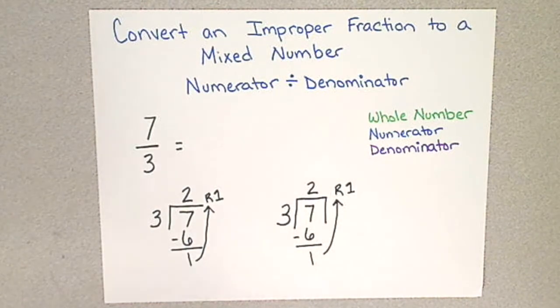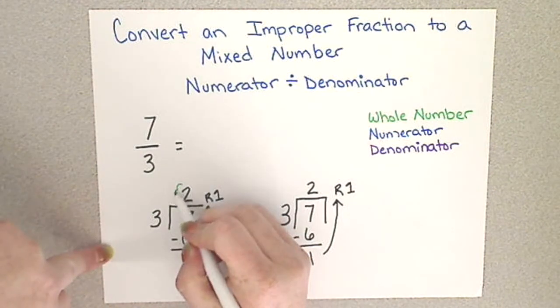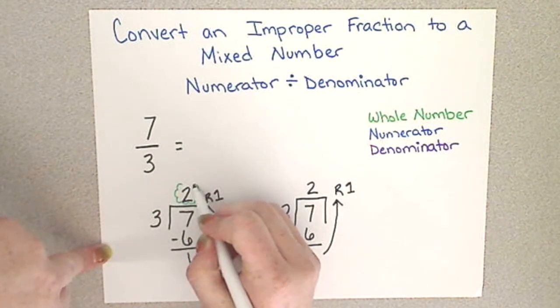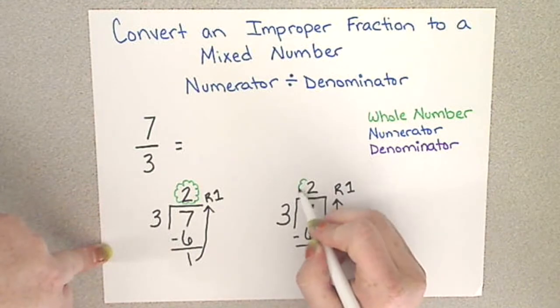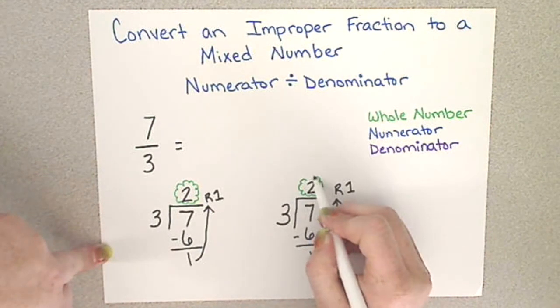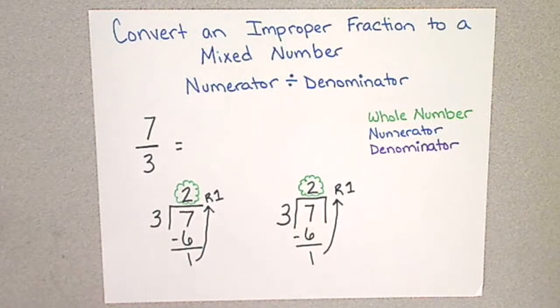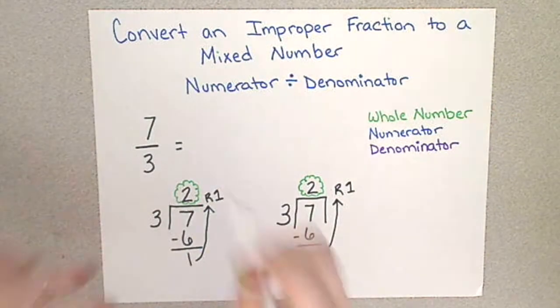Okay. So let's start with that whole number. Where do I find it in the work that I've done? Our whole number is the quotient that is not the remainder. Okay. So that 2 is our whole number.